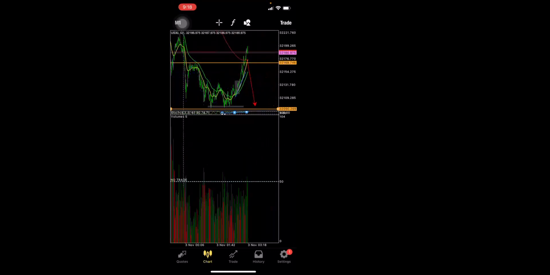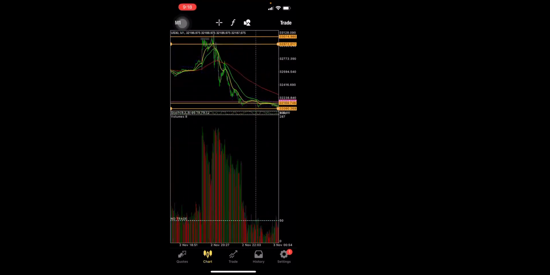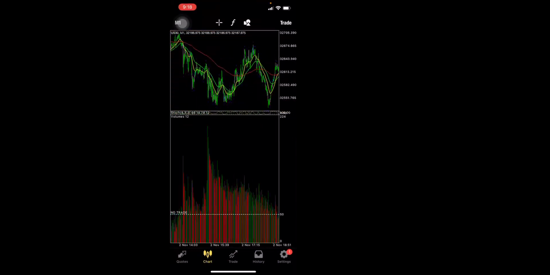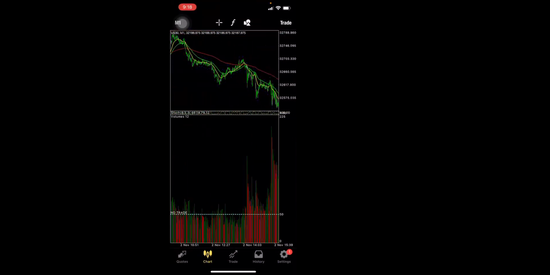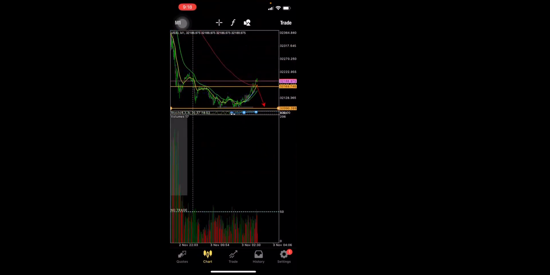Once I see these lines above the 50, like on this side, that's how you know it's loads of volume, meaning you can get some good money. It's going to move a lot. This is normally where I would be placing trades, when it's above 50. Around this time I won't really be placing much because the price doesn't move as much when it's under the 50, meaning it'll take longer for orders to be filled.